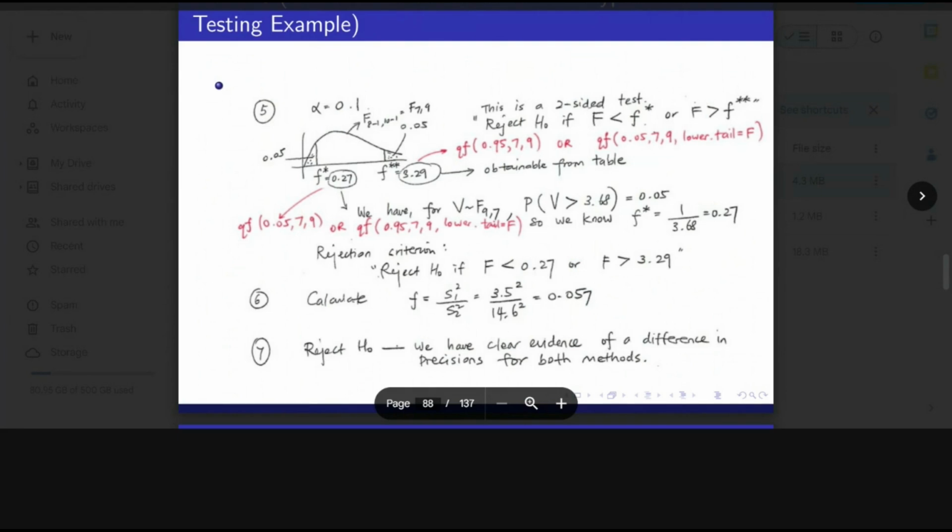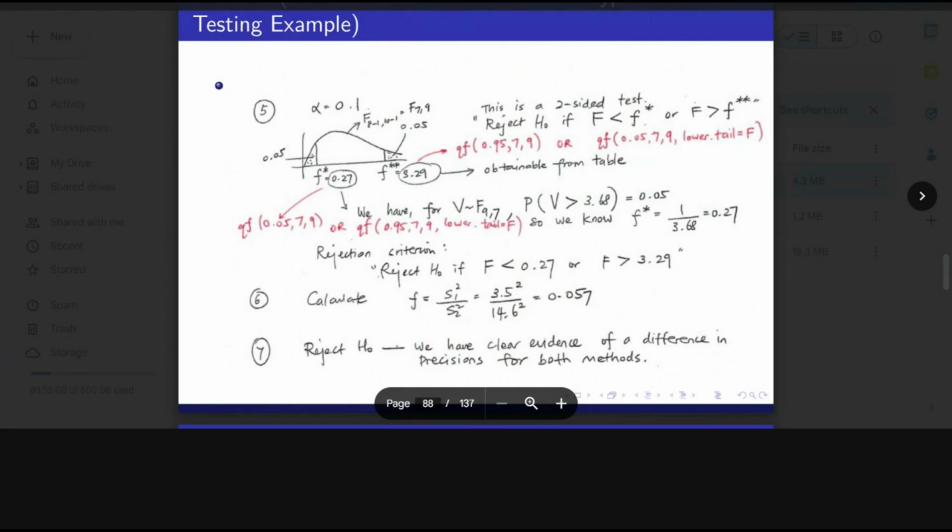Because if this area is 5% on the left, then the right side area is 95%. We don't have tables like that. However, we know that we have that kind of thing equivalently for F97. And F97, if you check the table, has the 3.68. And so we know that this guy is the reciprocal of that one.